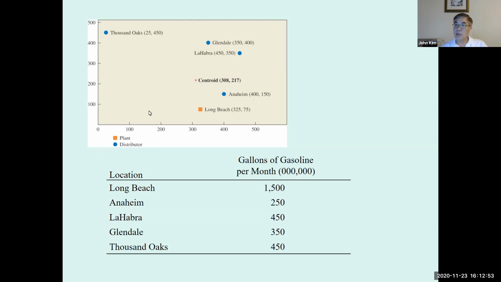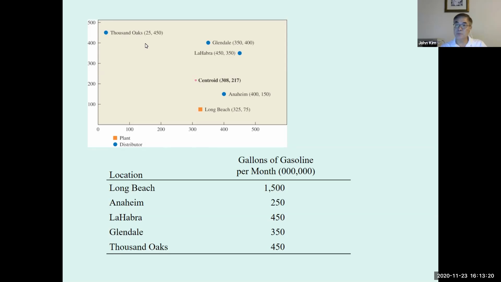Each location needs supplies or has demand; in this case, gallons of gasoline that each location needs. And we have the X coordinate and Y coordinate of each location.